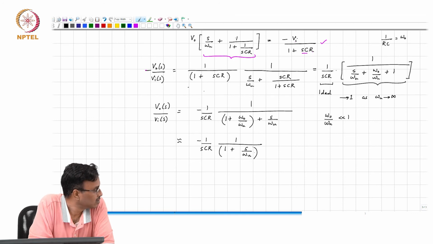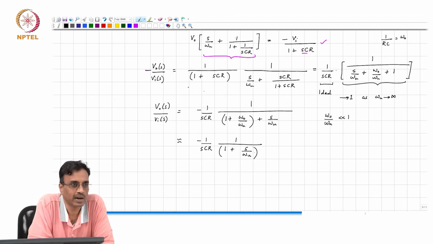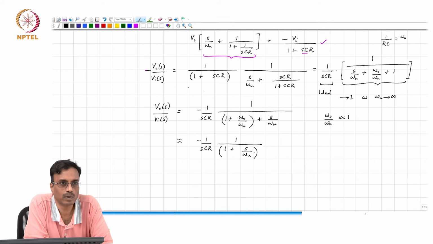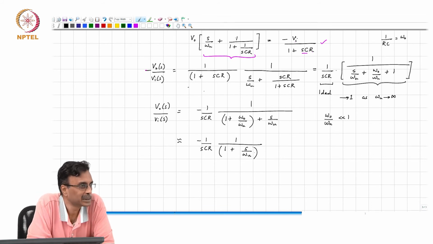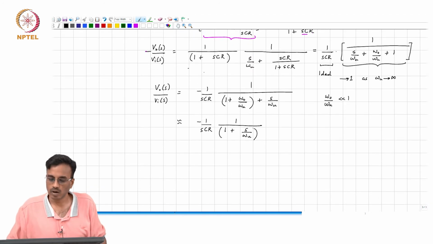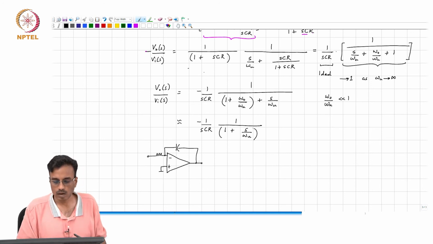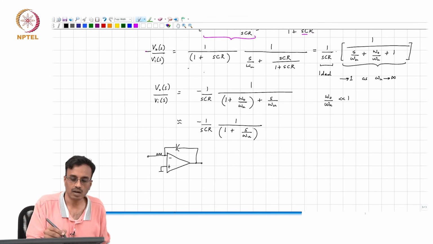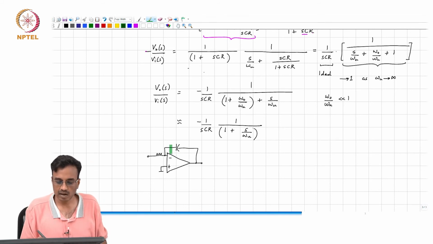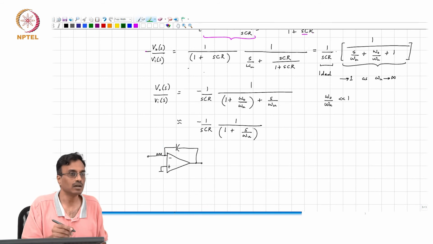Okay. So, why does this make intuitive sense? Of course, this comes out of the math, but why does this make intuitive sense? All right, at high frequency, what happens to the capacitor?